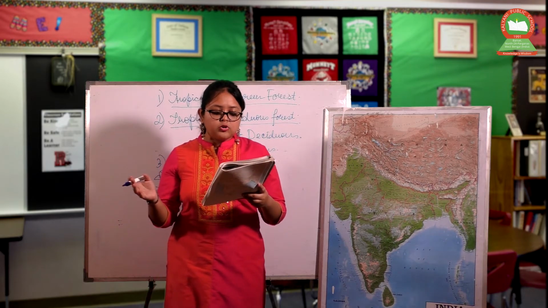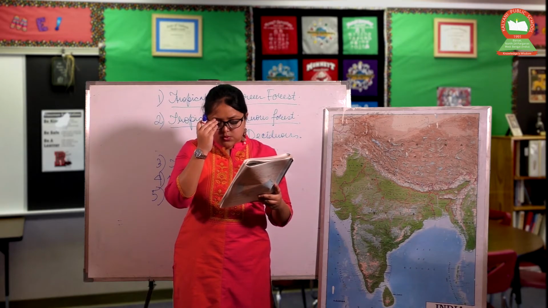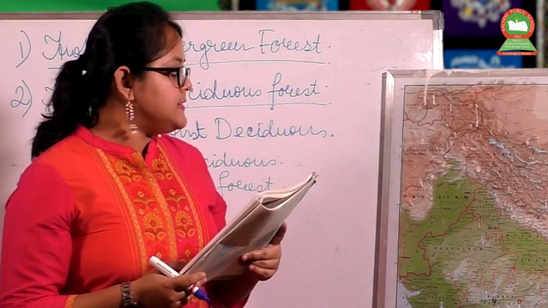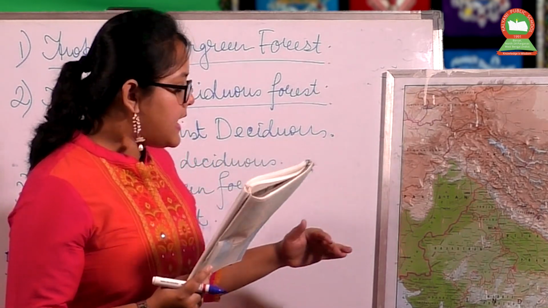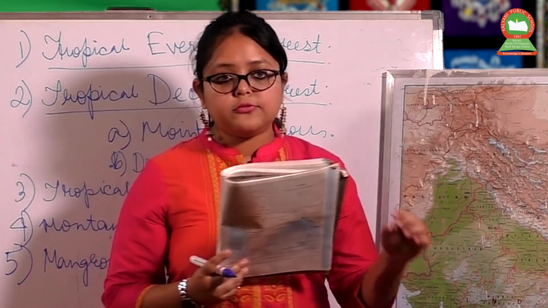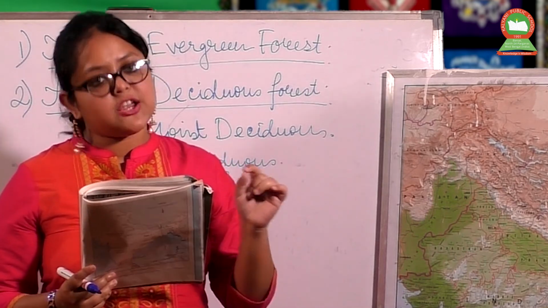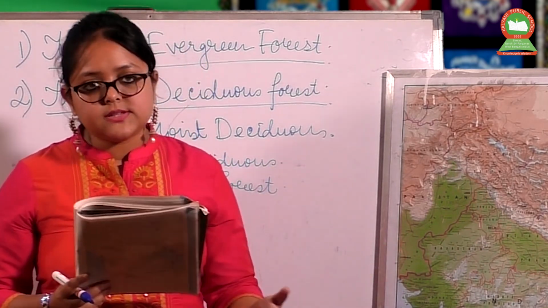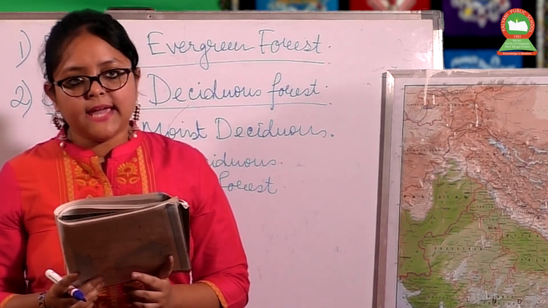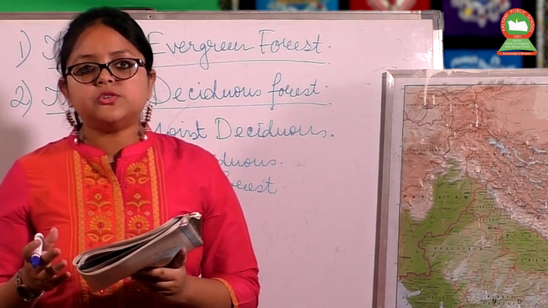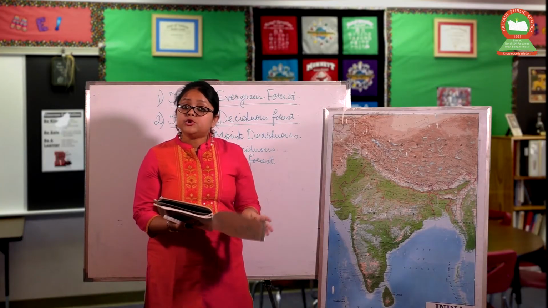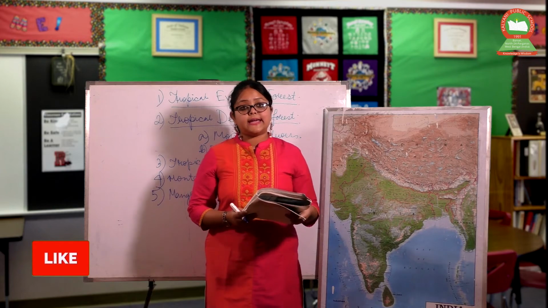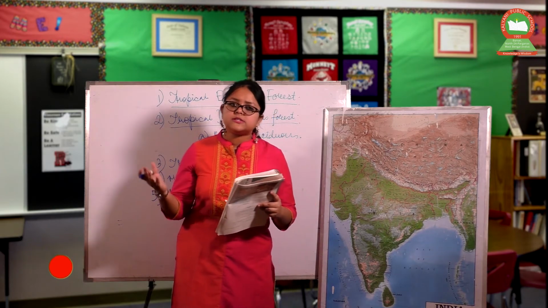Now we will move on to a little portion that is wildlife. Various types of animals are there in India, and due to this we need to know a few terms, that is national park, then biosphere reserve forests. These are made to know about wildlife. Now we need to protect this wildlife, we need to conserve them as they are getting extinct due to various reasons.